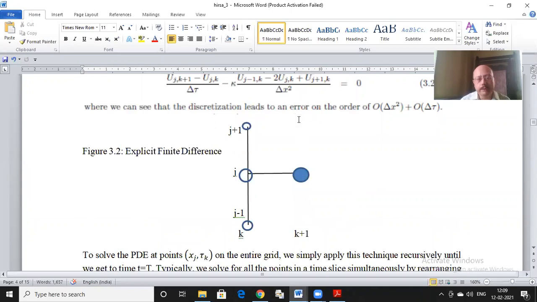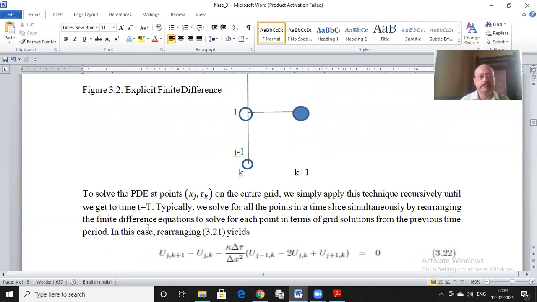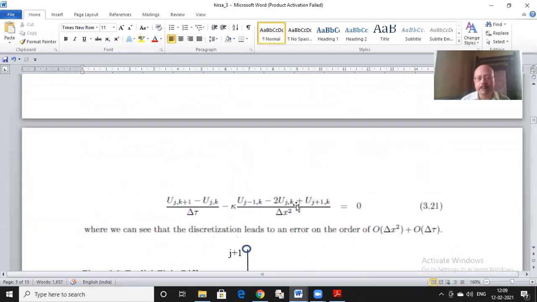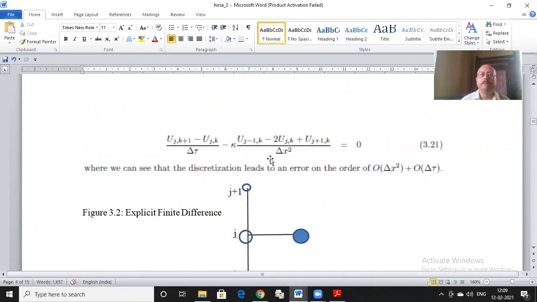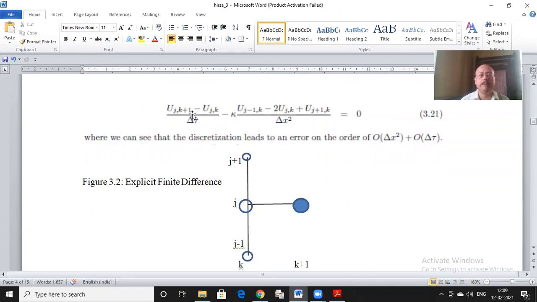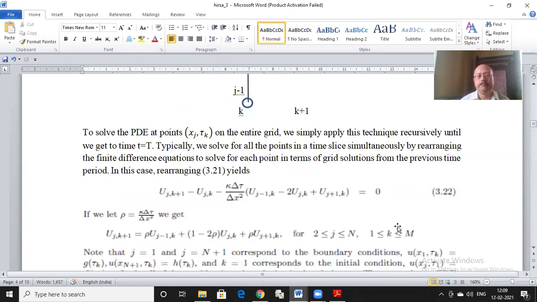So all the points on a vertical will be solved simultaneously by rearranging the corresponding finite difference equations. So I do not solve only for ujk plus 1. I actually solve for all the j's, all the possible j's for fixed k plus 1. So we solve for all the points in a time slice simultaneously by rearranging the finite difference equations using the previous values, the previous time slice.